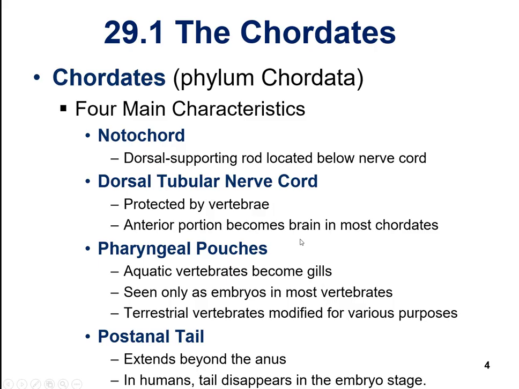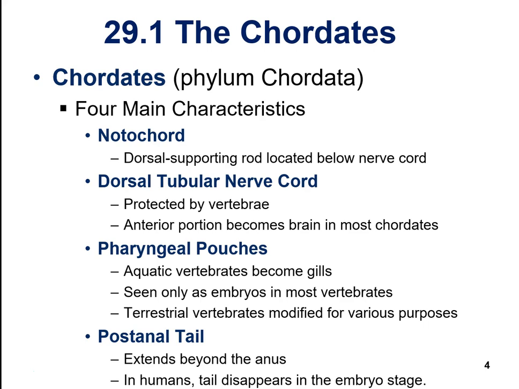groups throughout this chapter. All right, so again, just to talk about the chordates first, and I will tell you, you guys are going to be responsible for all of these characteristics. So for instance, these four main characteristics of chordates, you guys should know them. So the four main characteristics of chordates are a notochord, which is a dorsal supporting rod located below the nerve cord.